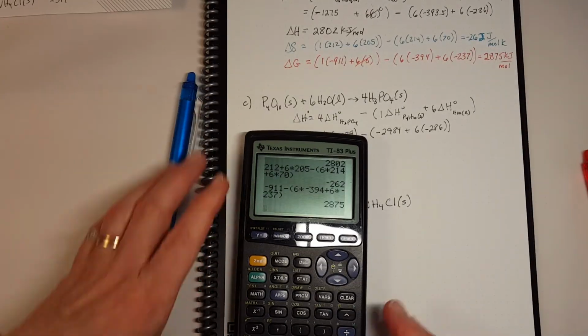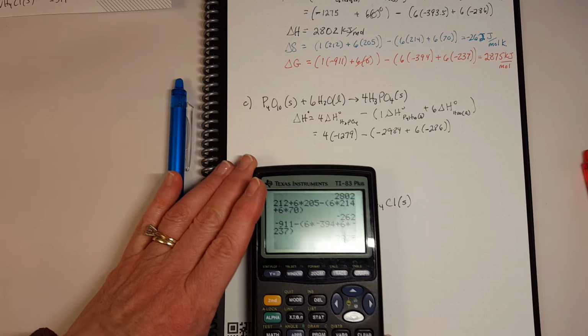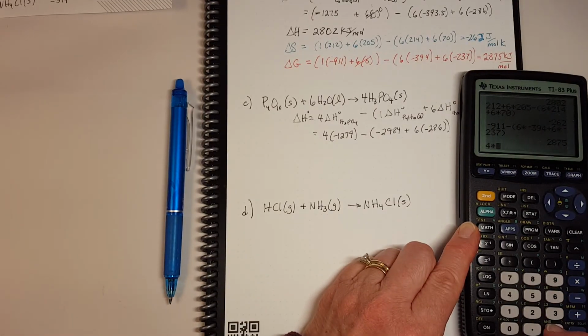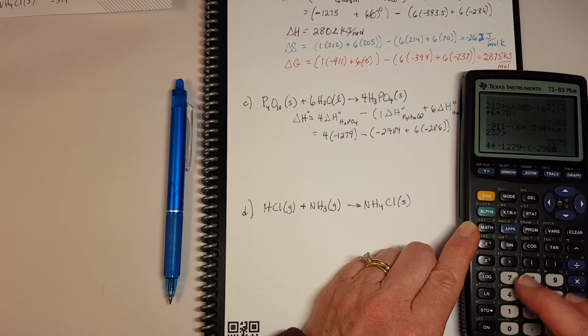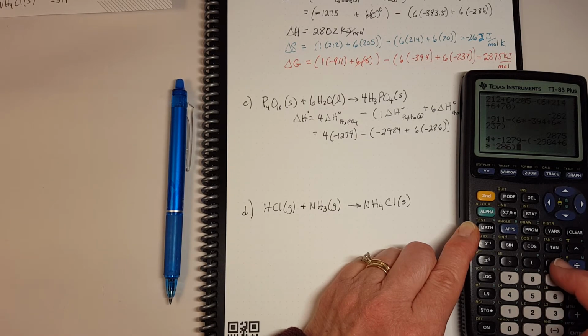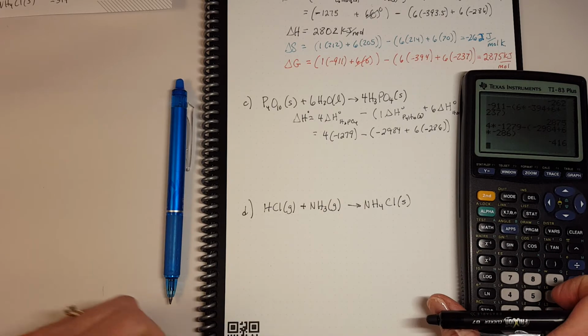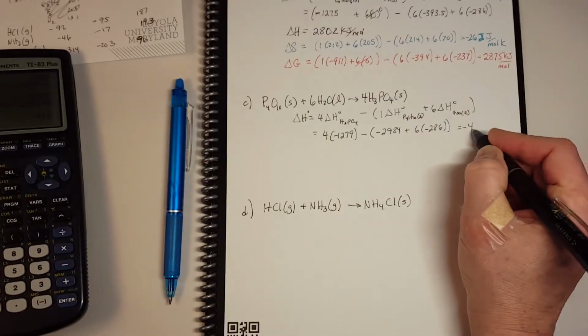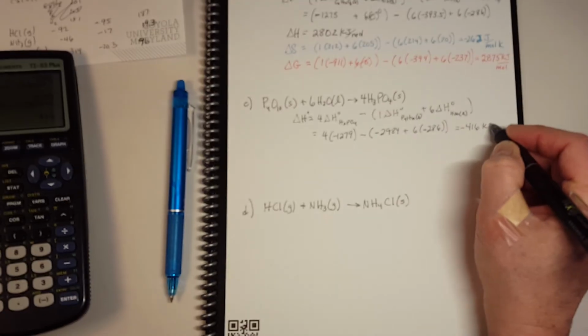Again, we plug this in. So we're going to say 4 times negative 1279 minus, in parentheses, negative 2984 plus 6 times negative 286. And we get negative 416 for our delta H. So this is an exothermic reaction. That's kilojoules per mole.